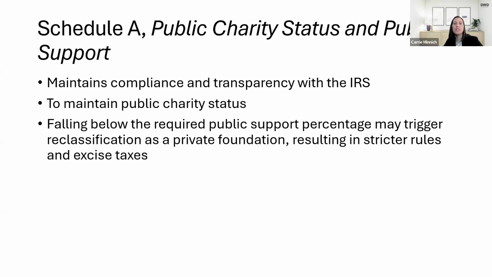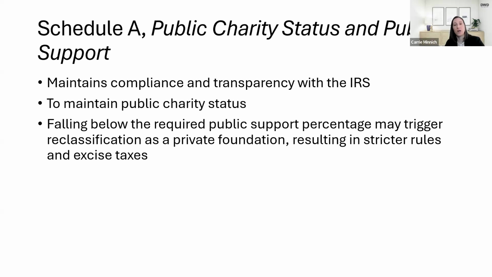However, organizations that want to be a public charity, that don't want this other status, could potentially lose their public charity status and default to becoming a private foundation. That is not what most public charities want. They do not want to become a private foundation where they have to file 990-PF, pay excise taxes, and distribute 5% of their assets.